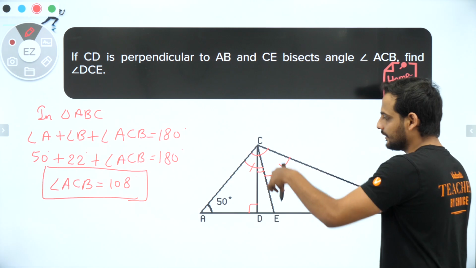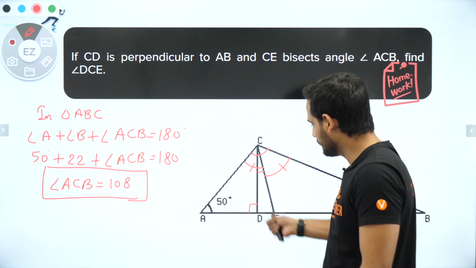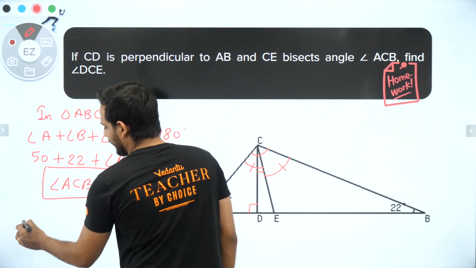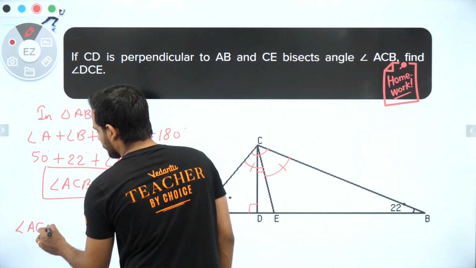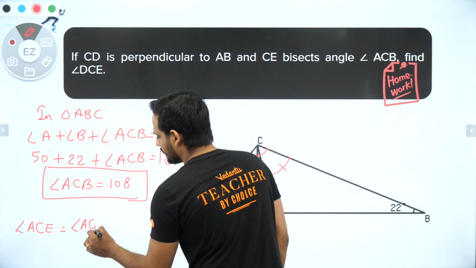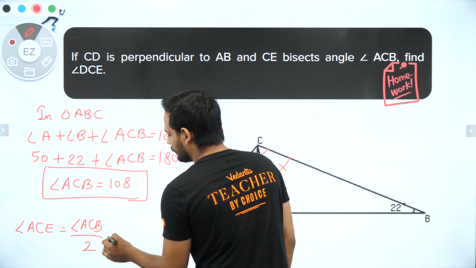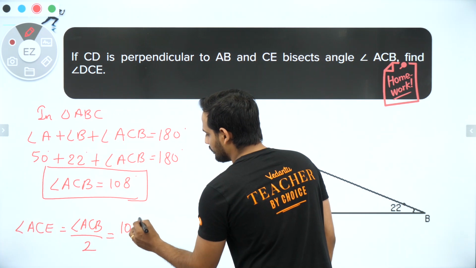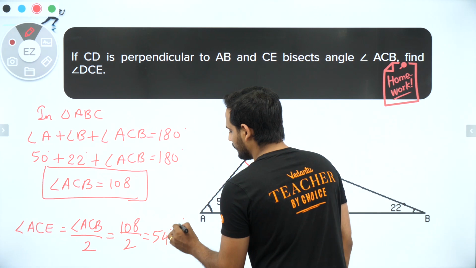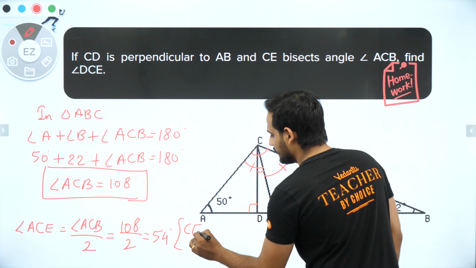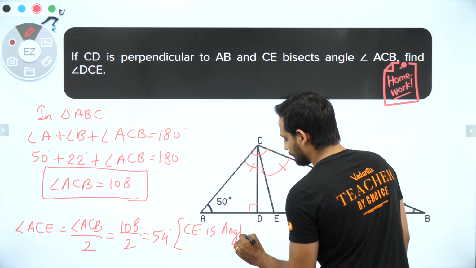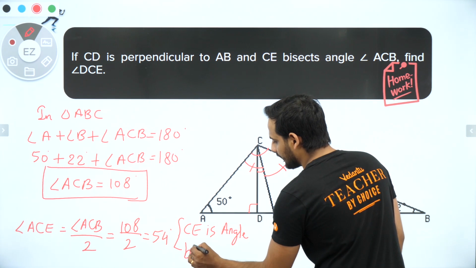Now as CE is the angle bisector, angle ACE will be equal to angle ACB by 2, which is 108 by 2, which is equal to 54 degrees. The reason is that CE is the angle bisector.